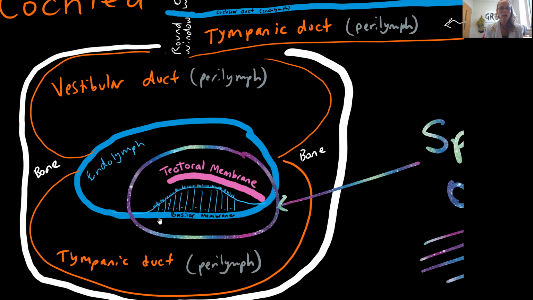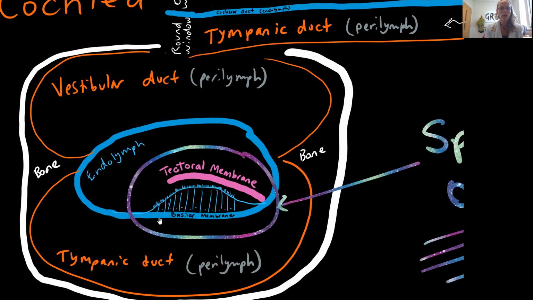That perilymph is moving through that vestibular duct into that tympanic duct back towards the round window, right? And as it does that movement toward the round window, it's going to hit the basilar membrane.